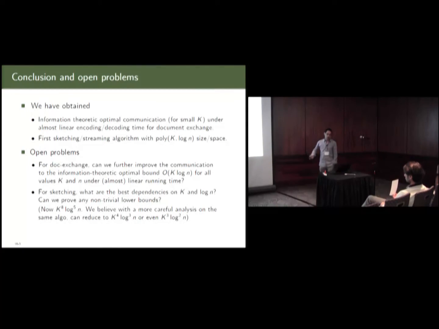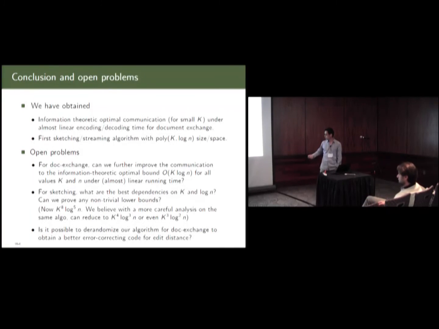But can we get, for example, k squared log n? Or maybe some higher lower bounds exist. We don't know how to prove lower bounds in this sense. And the final question is, is it possible to de-randomize our algorithm? This is useful because it will give us better error correcting codes for edit distance.